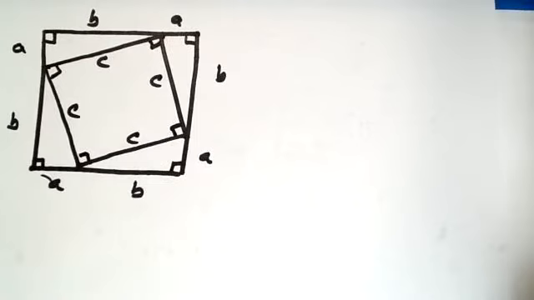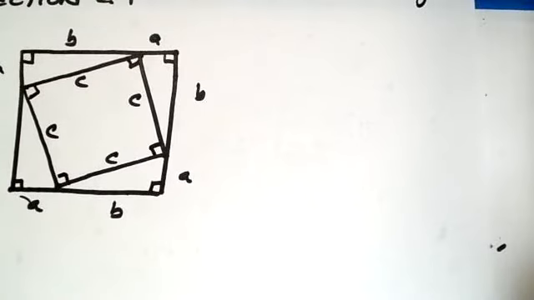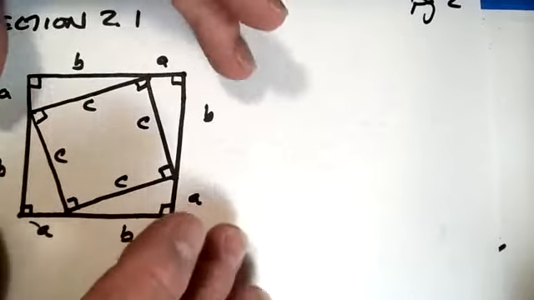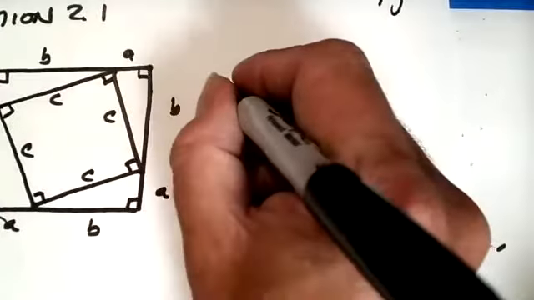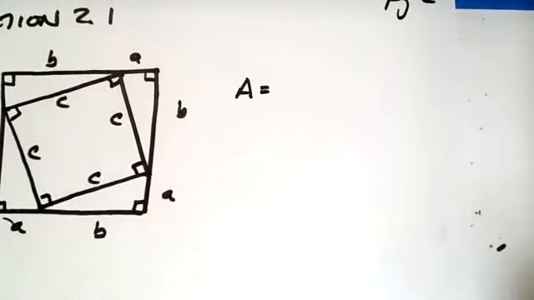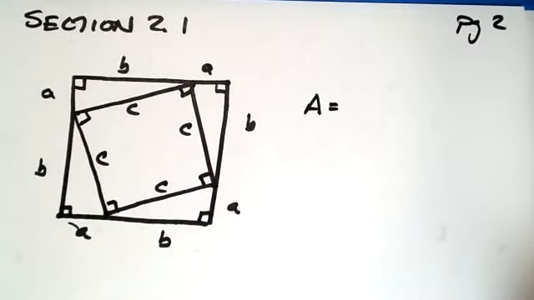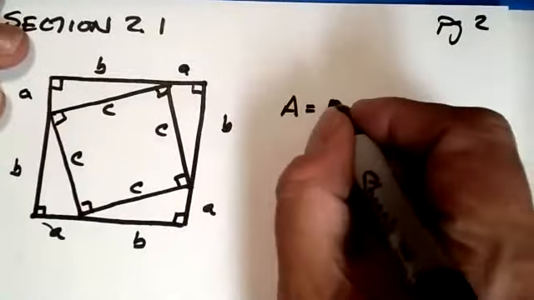Okay, so now let's do two things. Let's first do a computation that gives us the area of the larger square. The area for a rectangle, and a square is a special case of a rectangle, is the product of the length, or the base times the height, which in this case is the same number.